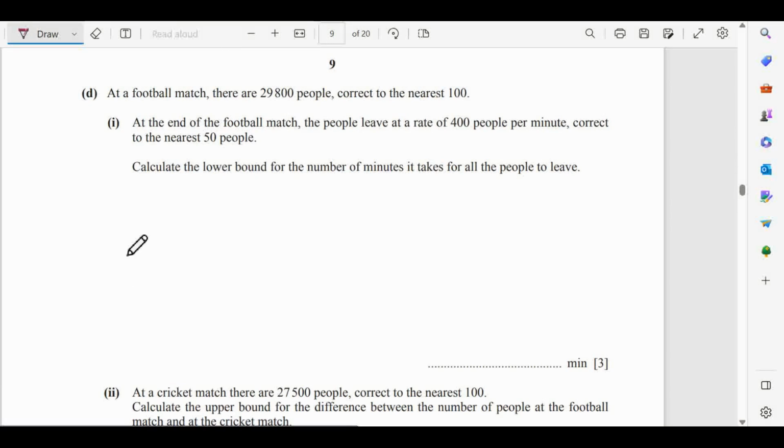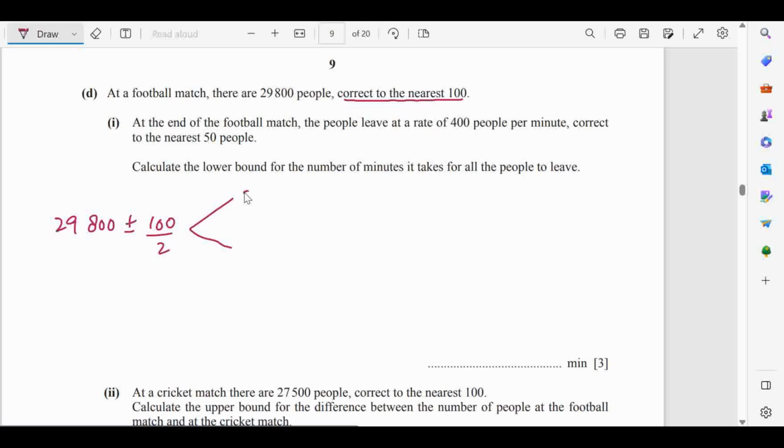Now in part D, they said that at a football match there are 29,800 people, correct to nearest 100. So correct to nearest 100 means that we need to find out 29,800 plus minus 100 divided by 2. 100 divided by 2 is 50.